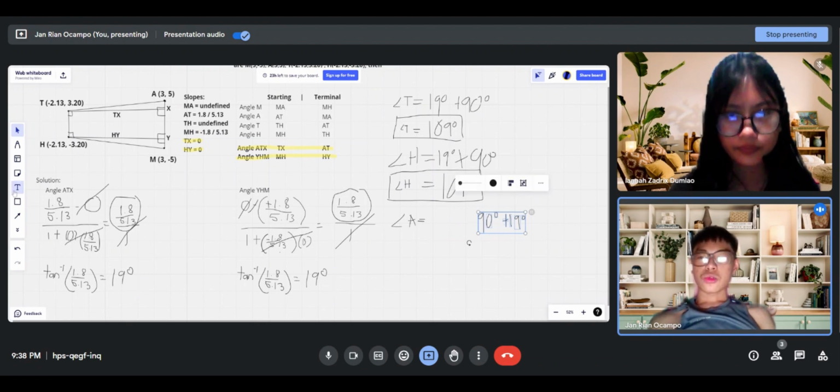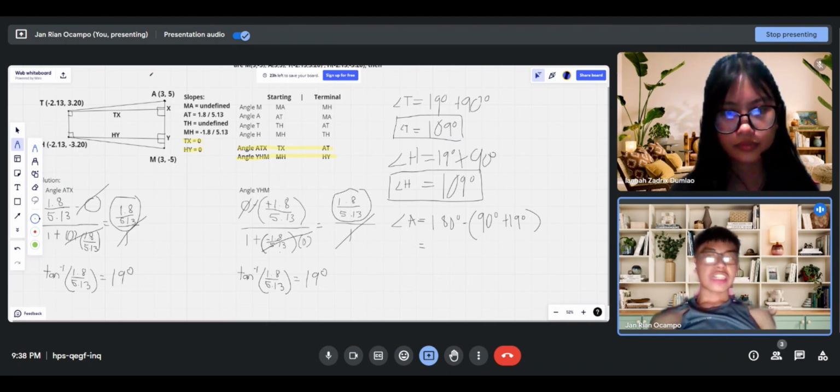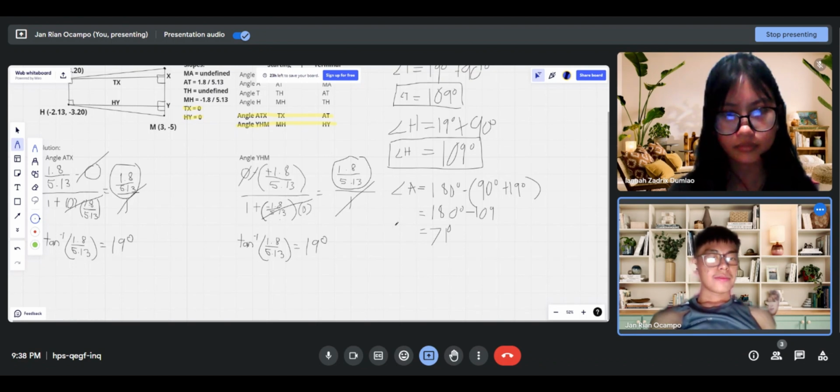We need to subtract both of them from 180 degrees, the sum of all interior angles of a triangle. So we have 180 degrees minus 109, which gives us 71 degrees. Finally, again, this is another final answer.